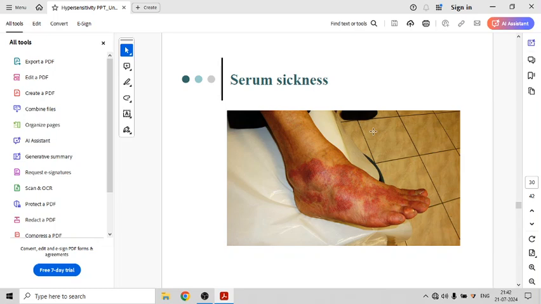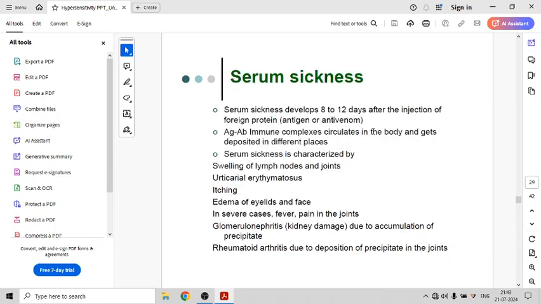So here is a pictorial presentation of serum sickness which is shown as the initial symptoms, where you can see red patches developed and swollen ankle of the person, and if it is not taken control of, it would spread to the different parts of the body, and you can call these red patches and swelling urticarial erythematosus as indicated in this slide.